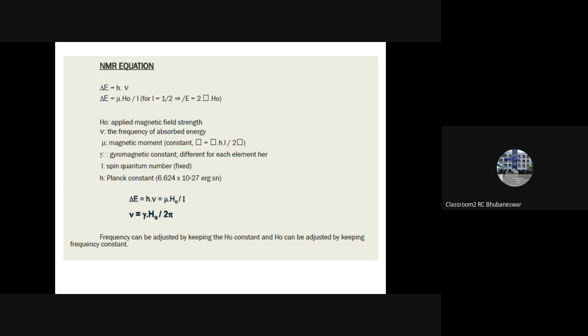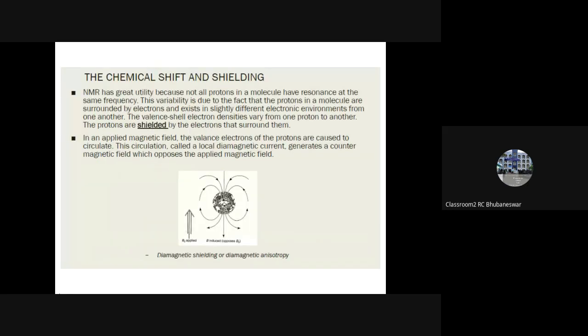This frequency can be adjusted by keeping H0 constant, and H0 can be adjusted by keeping the frequency constant. Depending on how you want to study the sample, you can tune these techniques.